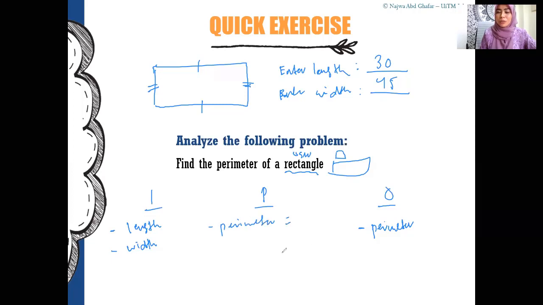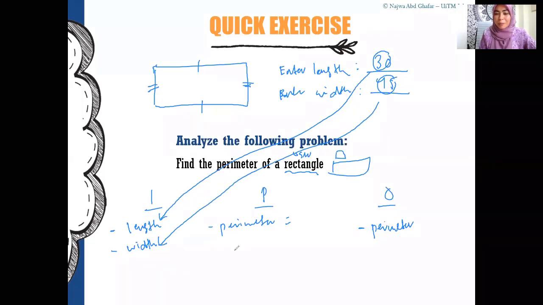Perimeter equals length times 2 plus width times 2. Do not use the raw data, because these words represent the data: 30 will be placed in this one, 45 in the other. So how do I write it here? Perimeter equals length plus width, then times 2, or length times 2 plus width times 2, which is a lot easier.